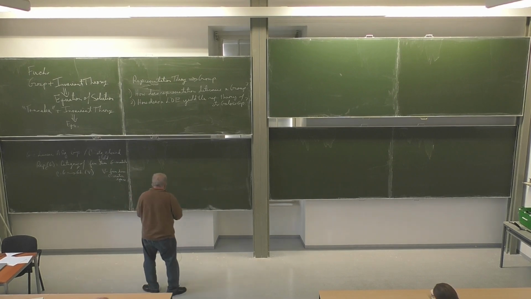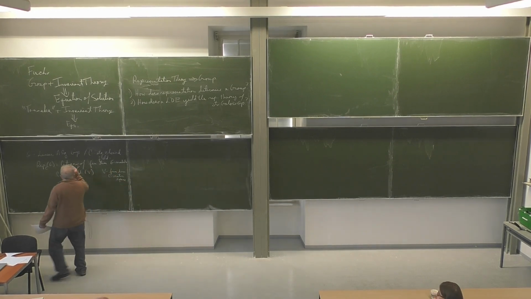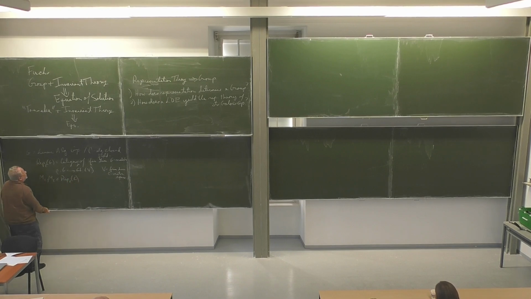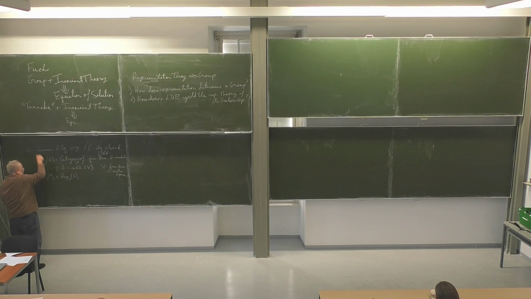And you can do lots of things with these modules. If I take two modules in here, I can form direct sums. There's a natural way in which G acts on this.